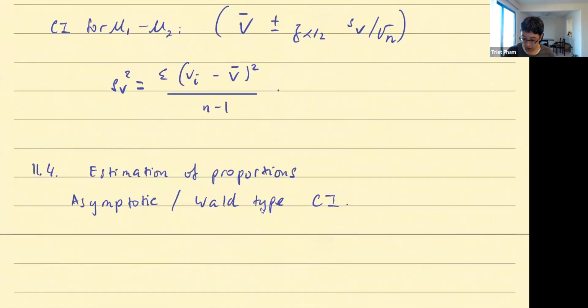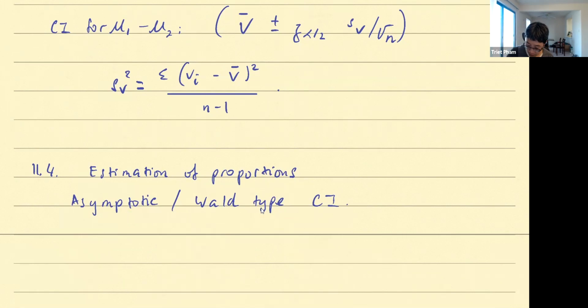This actually covers all the things we discussed so far and something we will discuss in the future too. It is a concept about the asymptotic confidence interval. So first, let's go back to what we discussed so far.